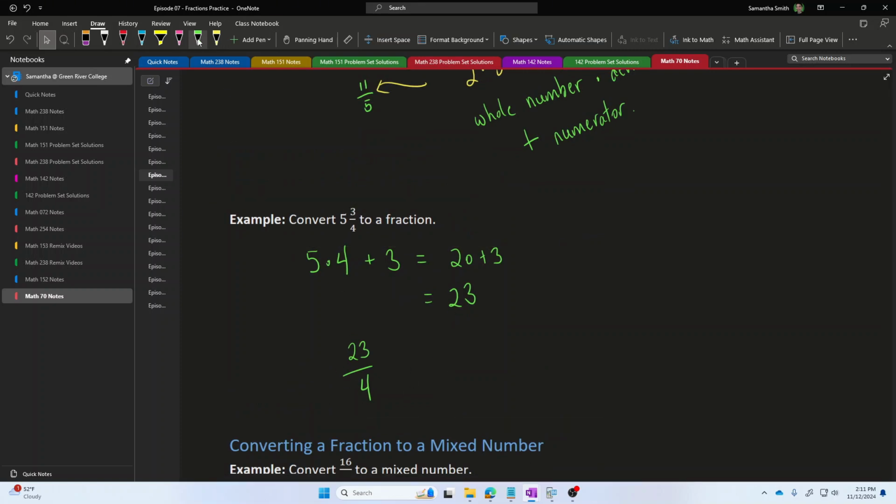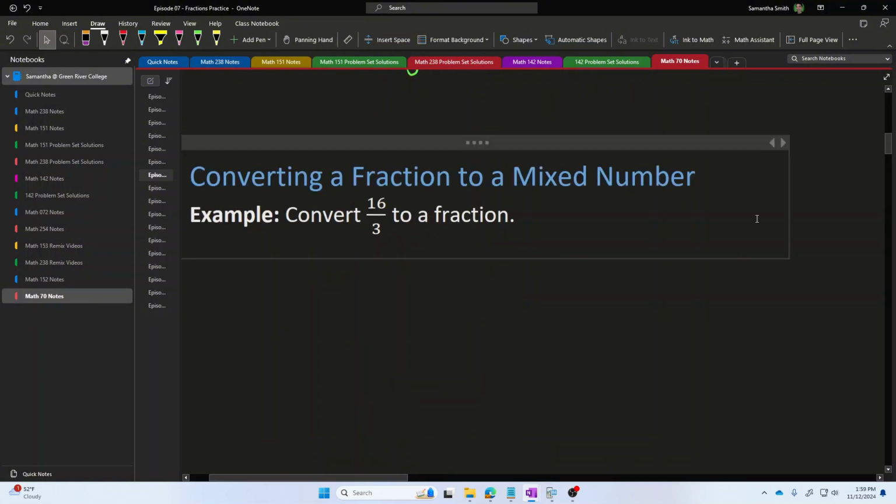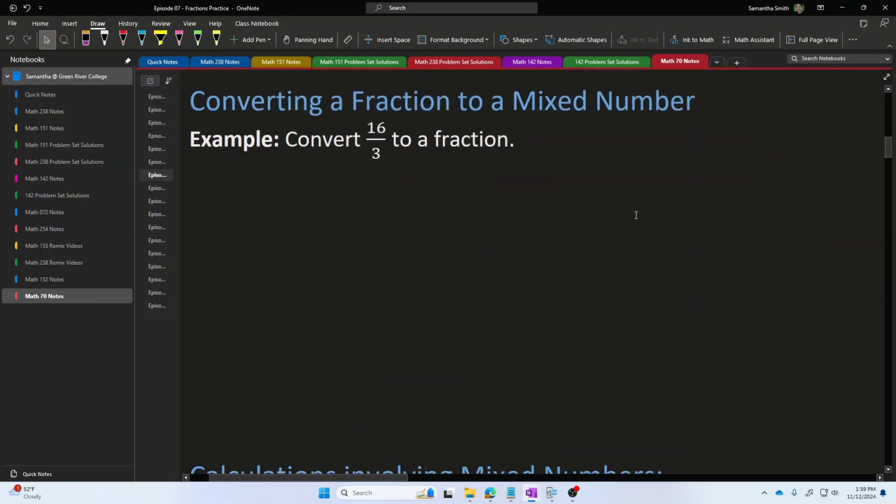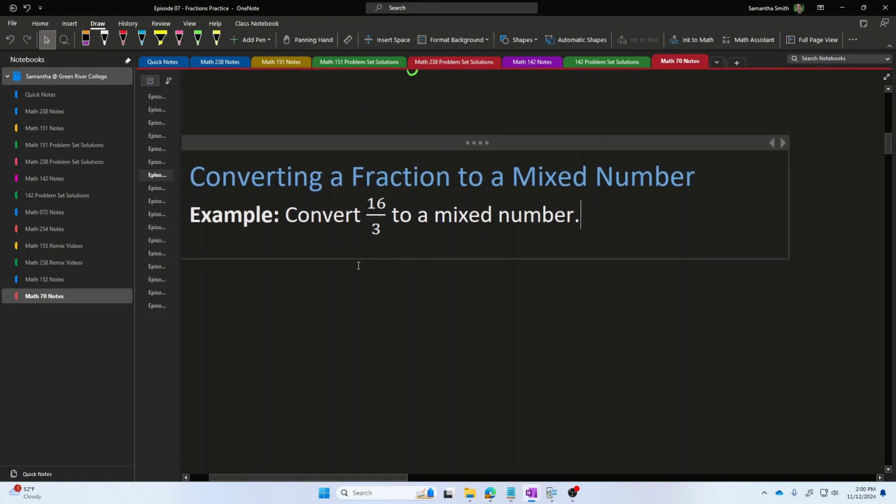Now, if you have to go backward, and if you have to convert a fraction back to a mixed number, then this is the process that you can use. For example, if someone says to me, I have 16 thirds, convert that to a mixed number. In other words, tell me how many whole units you're dealing with when you have 16 thirds.